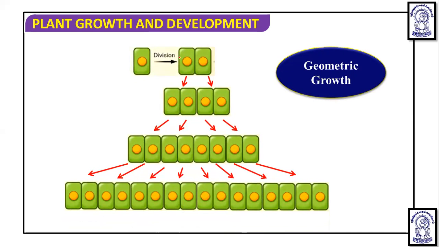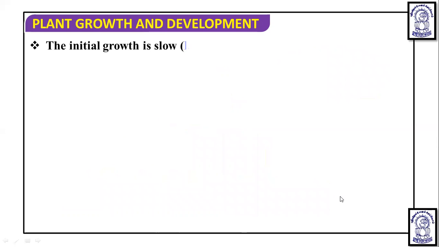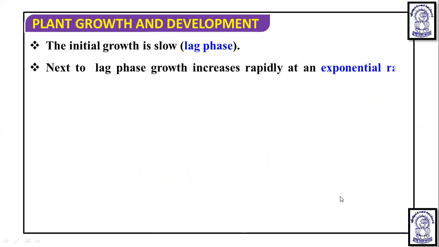Here one cell divides forming two cells. After two cells it is going to four cells. After four it is eight, and then it is going to 16. So the initial growth is slow, but if we make a curve of this, it is particularly an S-shaped curve.